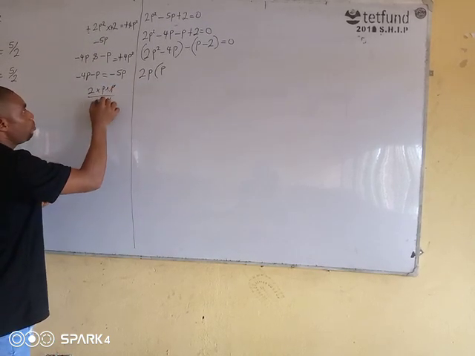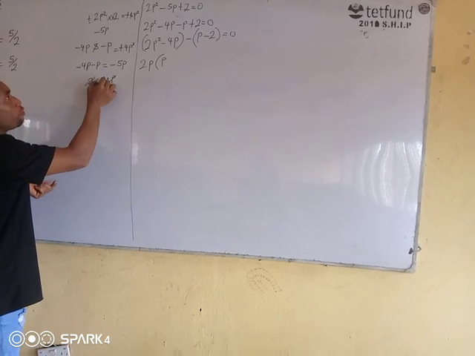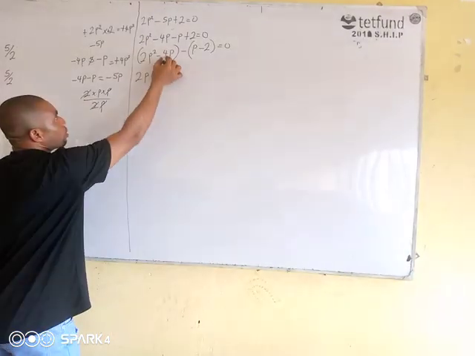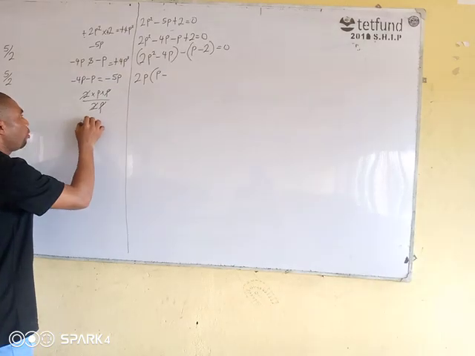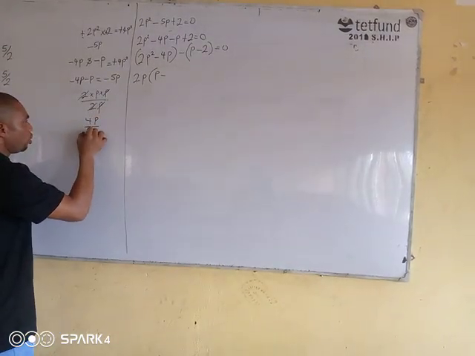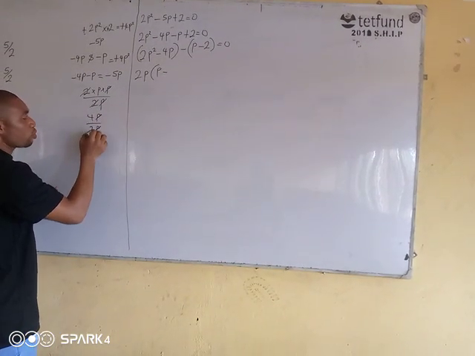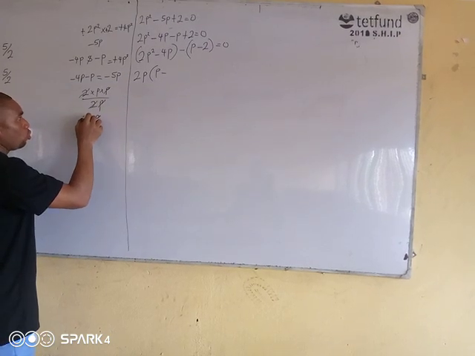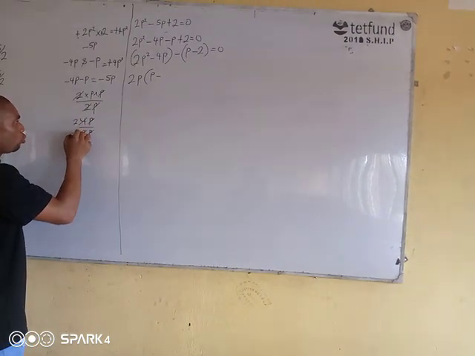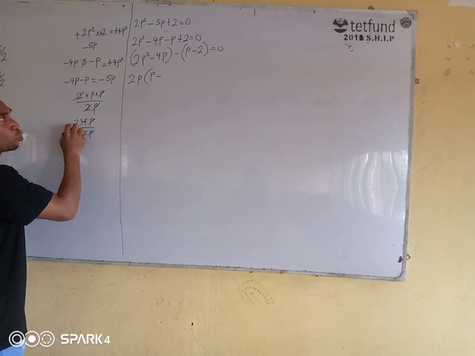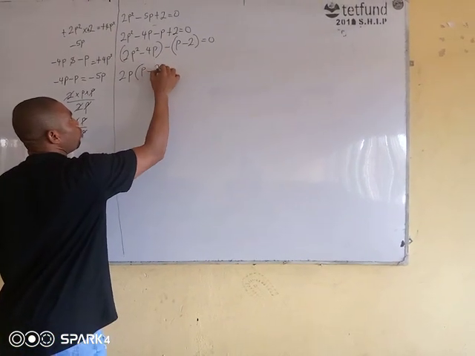P cancels out p. 2 cancels out 2. I'm left with p minus 4p divided by 2p. P cancels out p. 4 divided by 2 is 2. So I'm left with 2. And I have 2 here.